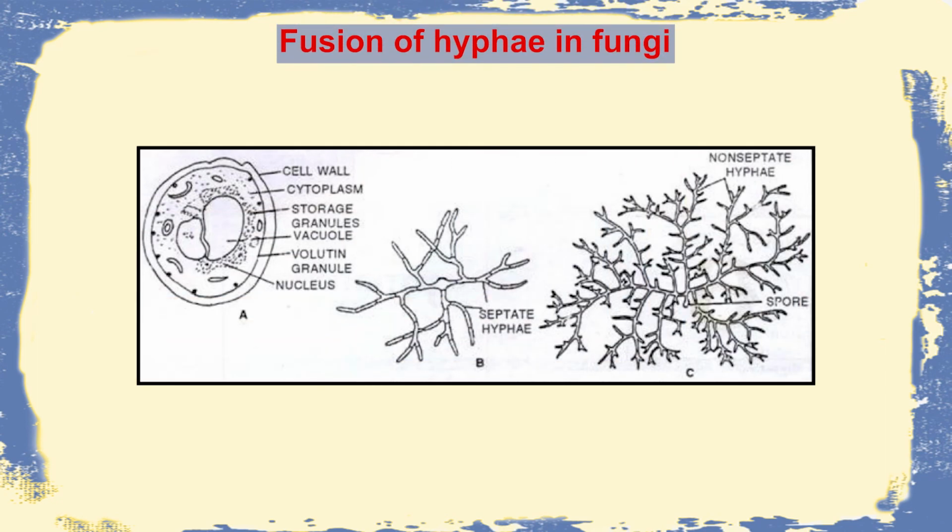And finally, in higher fungi, as I was telling, two mycelia will come close to each other and they will fuse. So with the highest reproductive group, that is the Basidiomycota, there is simple mycelial fusion, and after this fusion, the nuclei will either fuse or will remain in a paired condition which is dikaryon.